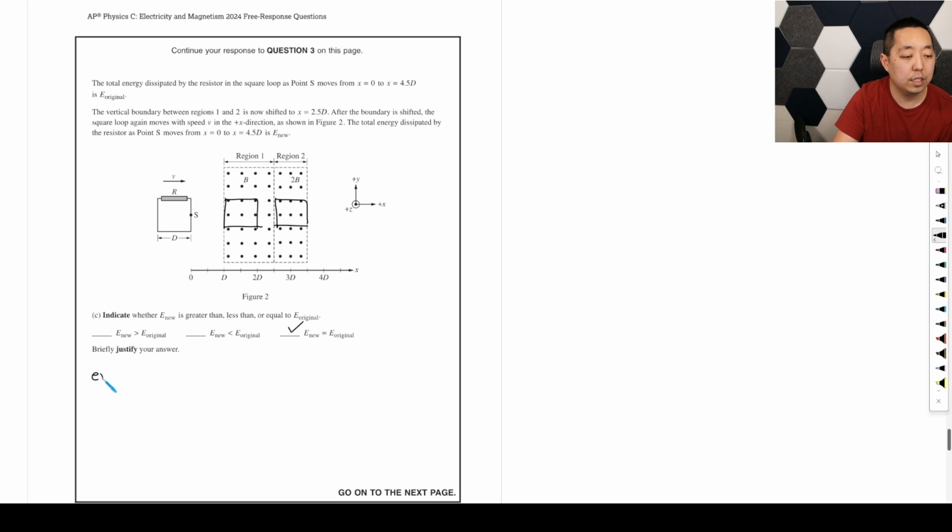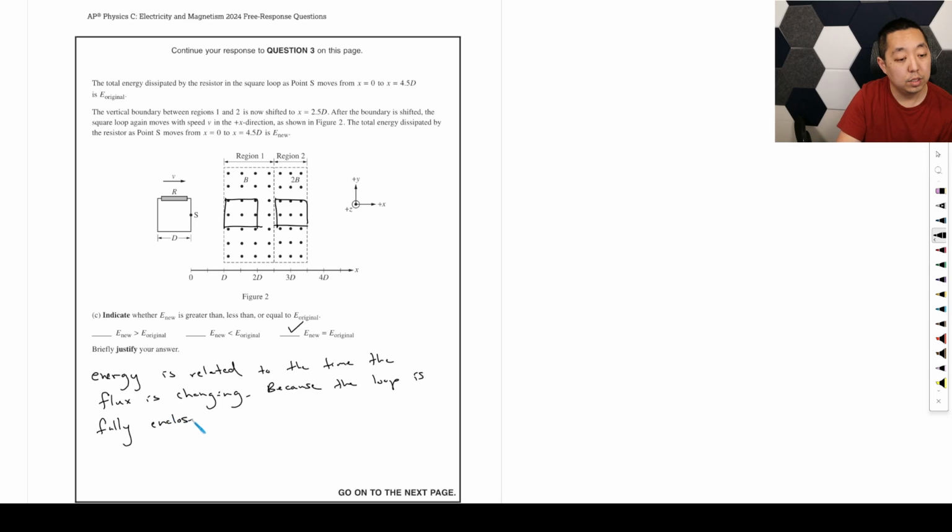So the energy is related to the time the flux is changing. I would say because the loop is fully enclosed in region 1 and 2 for both scenarios.